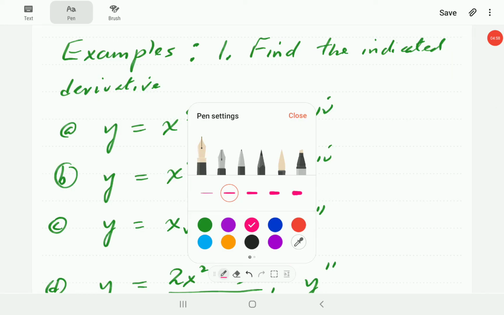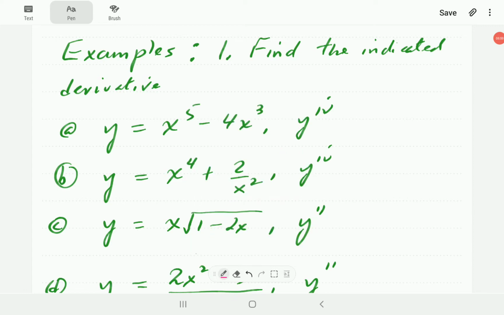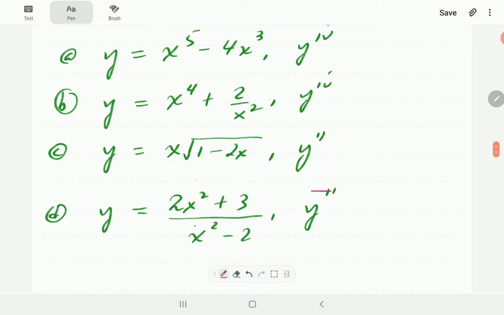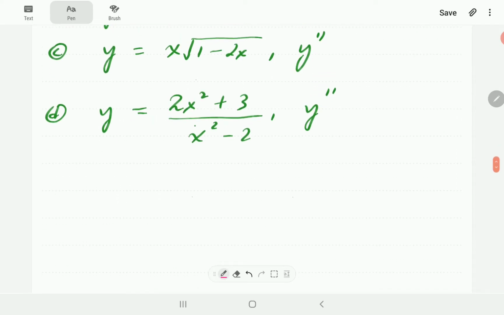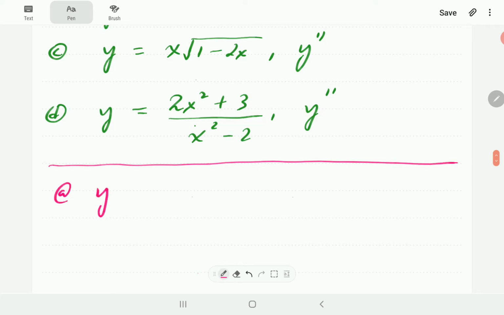All right, in these examples, we're going to be finding the indicated derivatives. In the first two, we're finding the fourth order derivative. In the last two, we're finding the second order derivative. So let's get going.